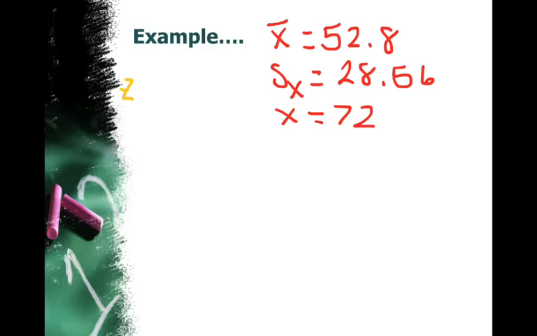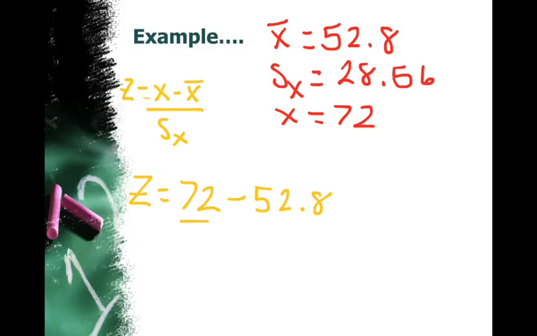Again, we're going to have z equals x minus the sample mean x bar divided by the sample standard deviation Sx. And so here we're going to have z equals our x, 72, minus the sample mean, 52.8, divided by the sample standard deviation, 28.56.